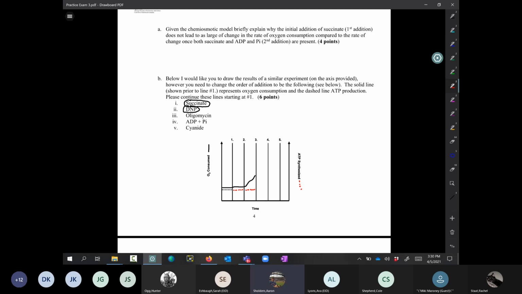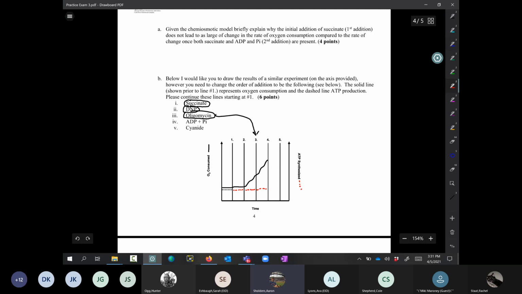After that, we add oligomycin, right here. That inhibits ATP synthase, but it doesn't do anything to the electron transport chain because they're already uncoupled. So this is just going to continue to go up while this just flatlines.